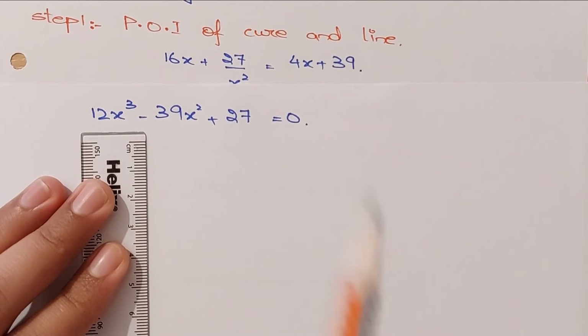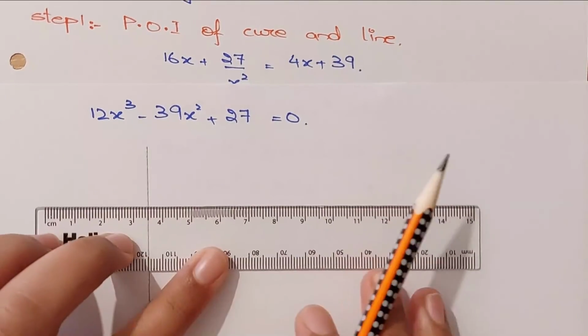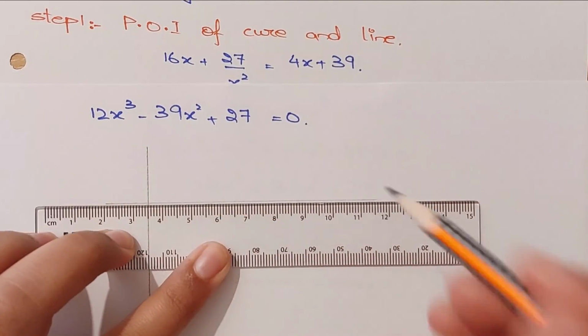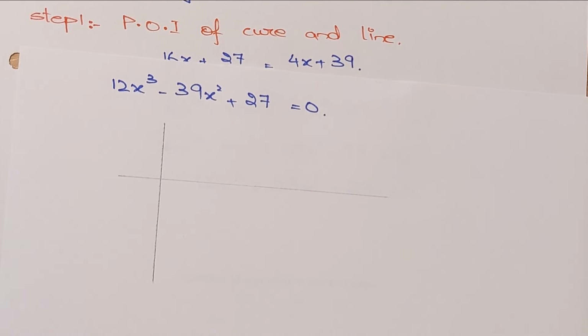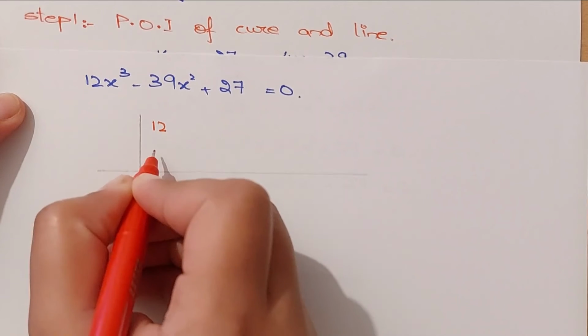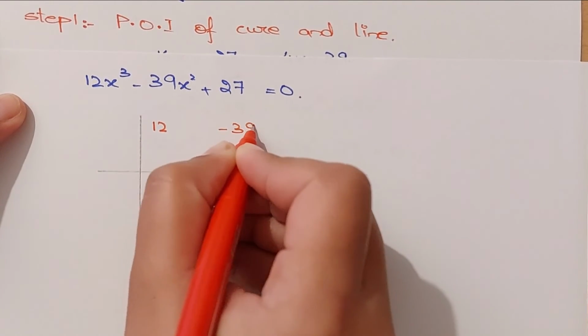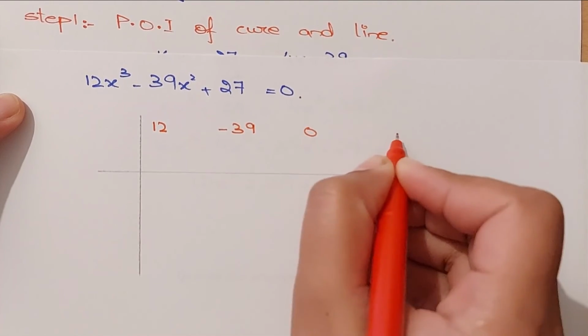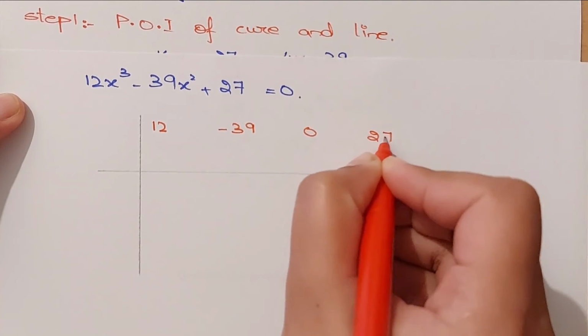Let me apply the synthetic division method. The x cube coefficient is 12, x square coefficient is minus 39, x coefficient is 0, and the constant is 27.